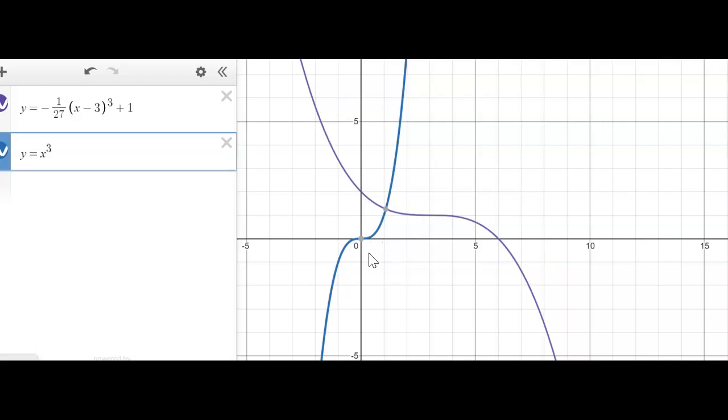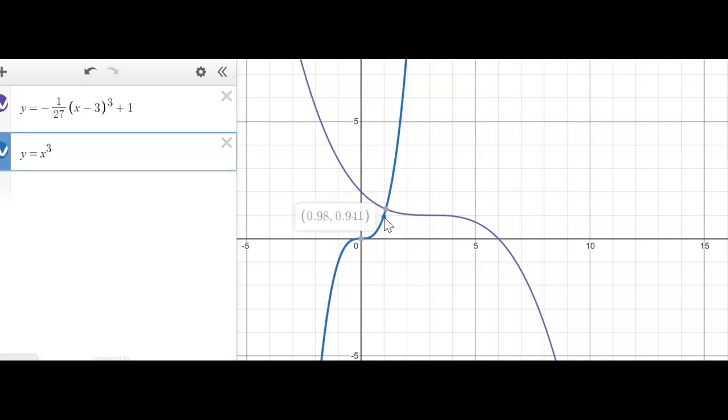All right, but let's have a look at what is happening to a point, because sometimes it's a bit harder to see with a dilation factor what has actually happened. So my blue is my original, so I'm going to choose the point 1, 1. Now that's the point of intersection, so just be careful with that.